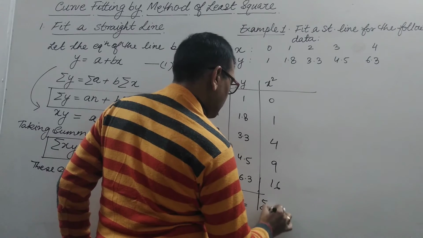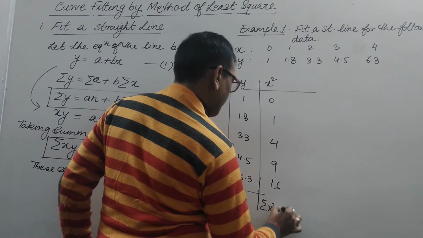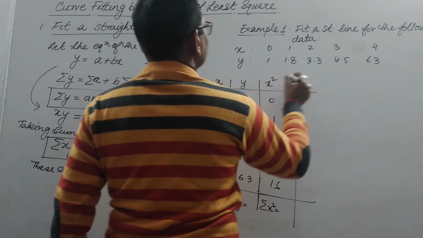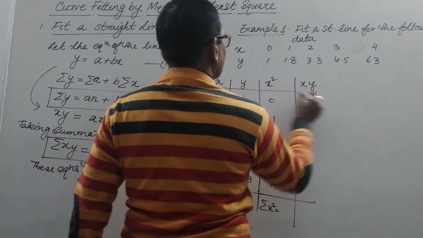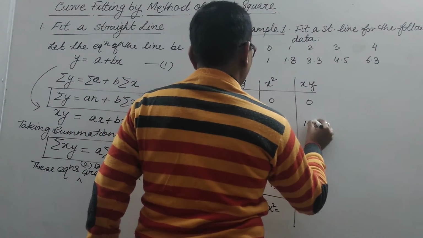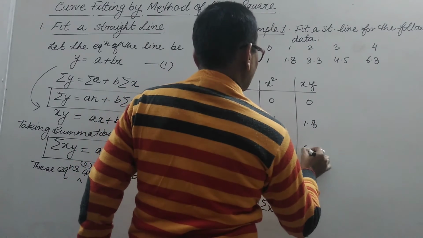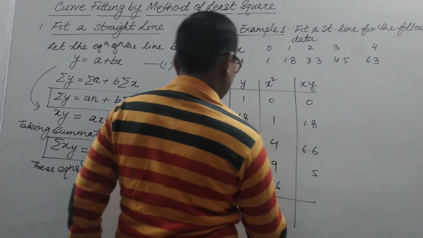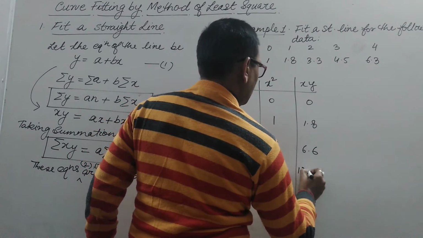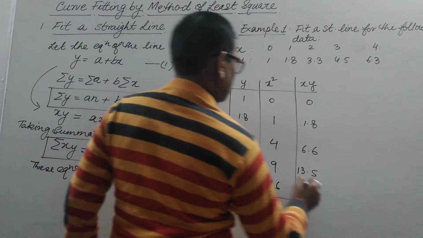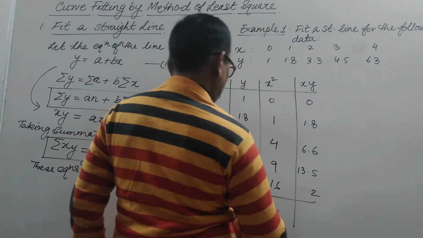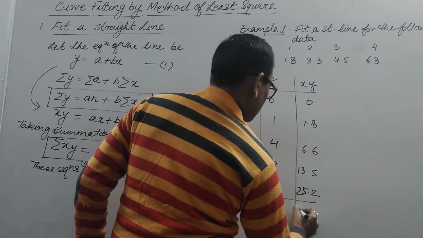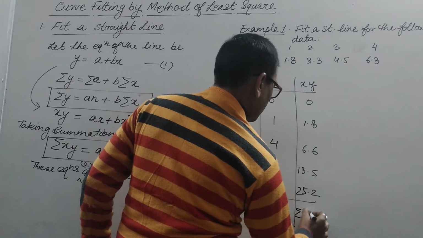Then multiplying xy, this will be 0, 1.8, 6.6, 13.5, 25.2. So this will give sigma xy.